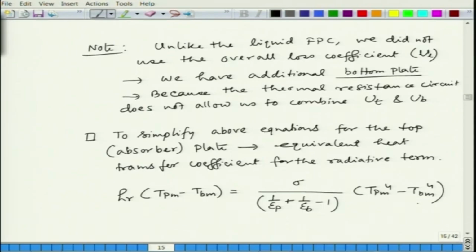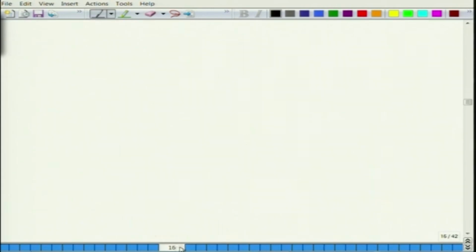Clear? So, this is the equivalent radiative heat transfer coefficient, isn't it? Okay. Now, another simplification we can do, which is often true, is for small values of the difference in temperature between the absorber plate and the bottom plate.